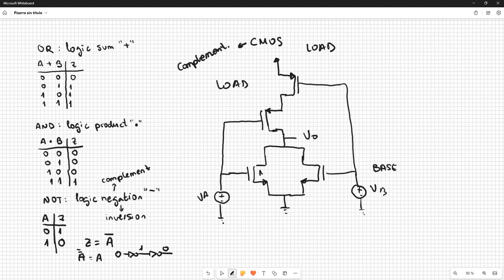This is going to be the A NMOS, the B NMOS, the A PMOS, and the B PMOS.